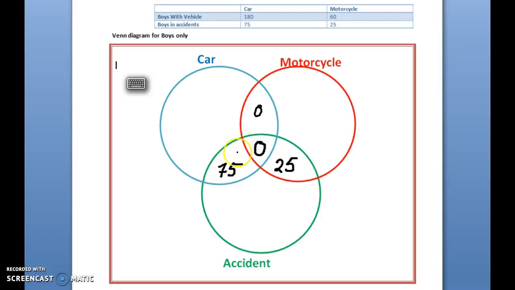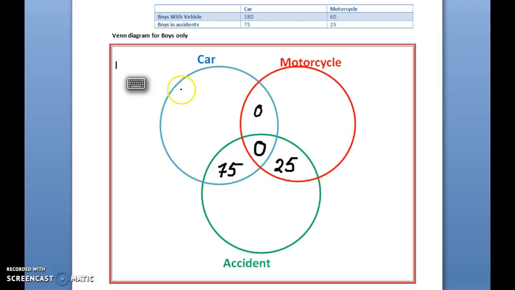Now look at this section that has blue. For the number that goes here, we need to do some subtraction. The total boys who have a car is 180, and out of it, 75 of them got into an accident. So how many did not get into an accident and have a car?